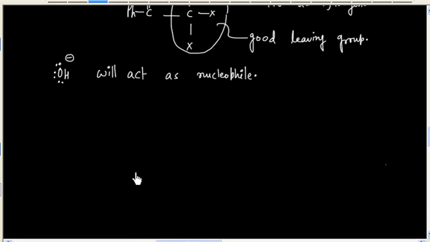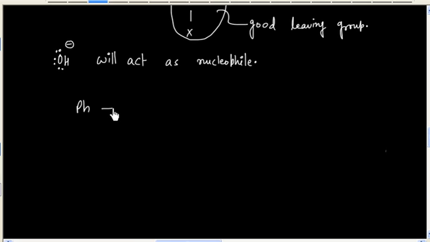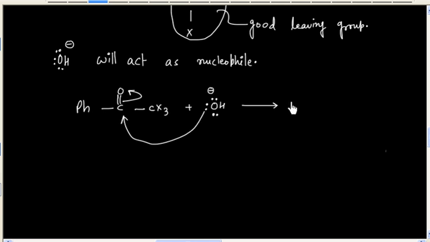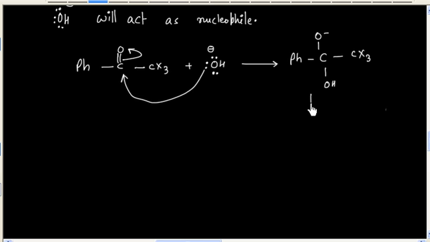So in the next step, OH minus will attack on carbonyl carbon and it will generate tetrahedral intermediate. So this is tetrahedral intermediate.